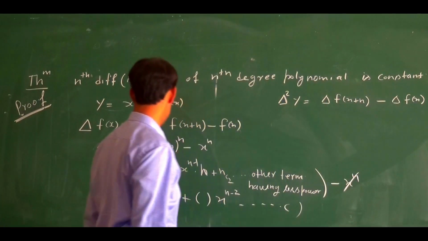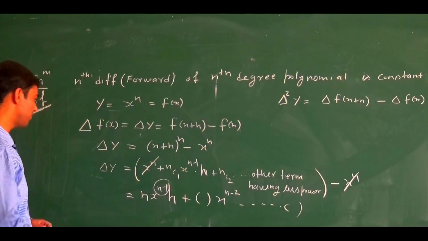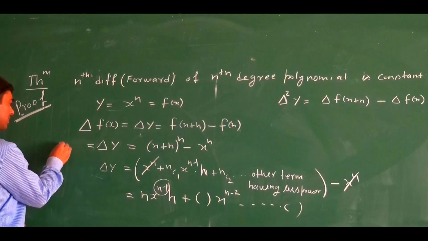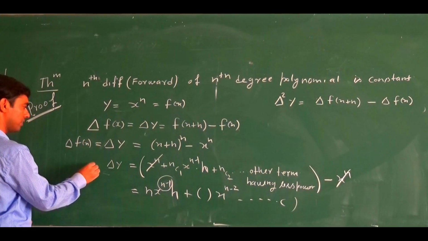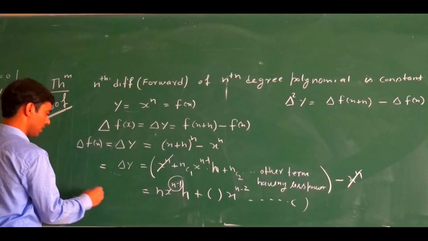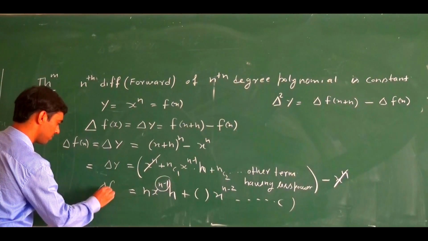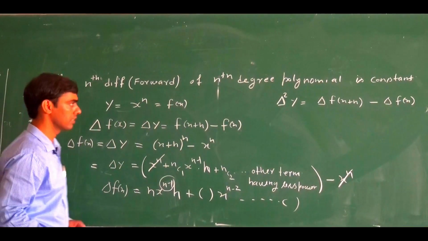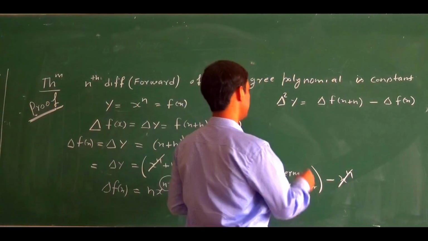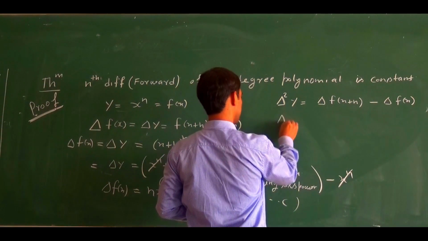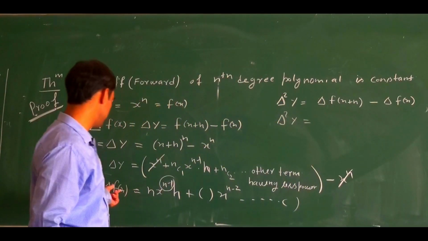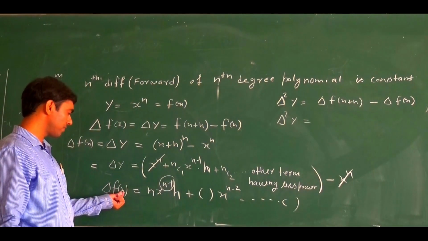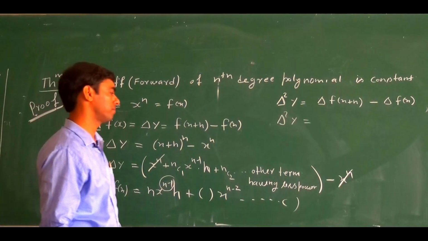So how do we find del 2y? Del 2y becomes del f of x plus h, meaning here we write f, and in place of x we write x plus h.